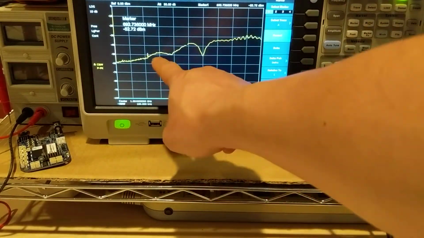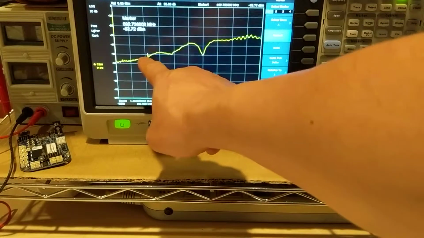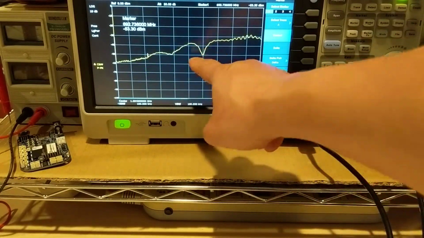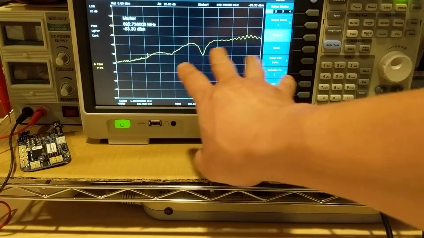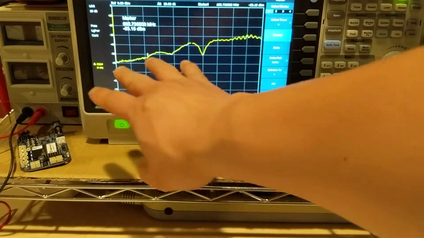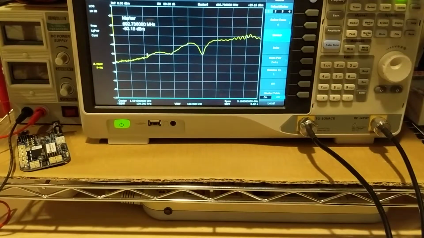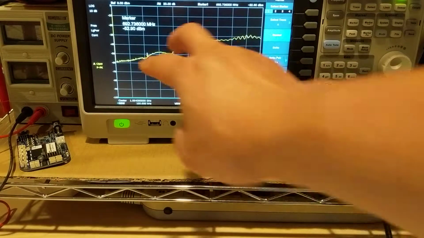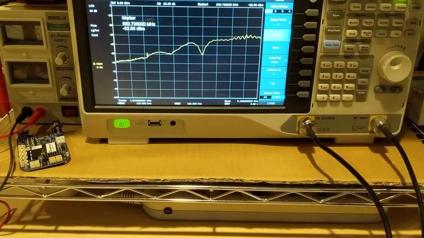This shows 50 dB lower, but it is bumpy, so it's not really smooth. This is not flat across the band, not that good. I would say in the area we're interested in maybe 50 dB at least.